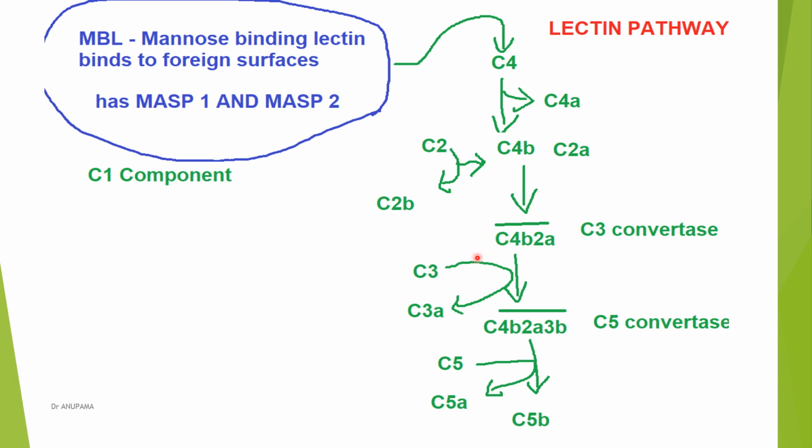This in turn activates C3 to form the C4B2A3B complex as C3A drifts away, and this is our C5 convertase. So this C5 convertase activates C5, C5A drifts away while C5B goes and binds to the bacterial membrane or infected cell membrane and initiates membrane attack complex formation.